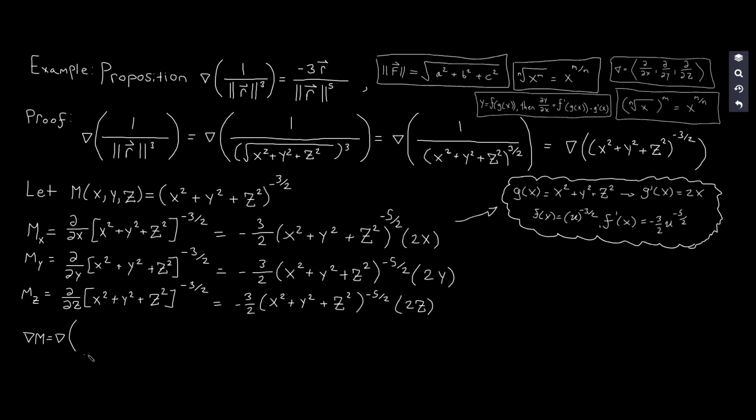The del operator, del, of 1 over the magnitude of vector r raised to the power of 3. And we make the assertion that these are equal to one another. Let's spread that out. Why not?